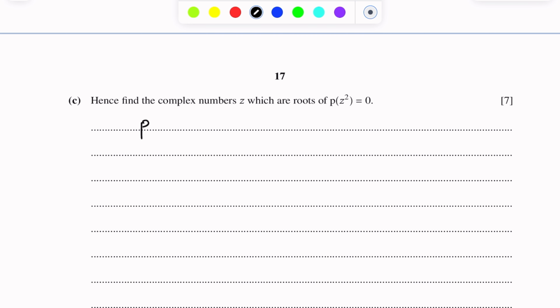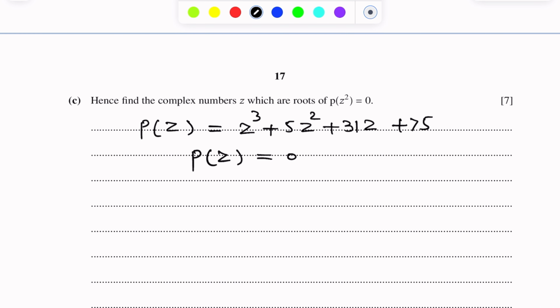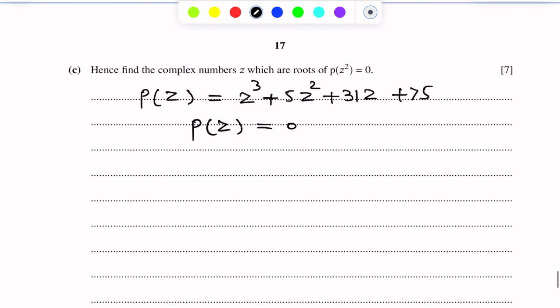Polynomial P(z) is equal to z cube plus 5z square plus 31z plus 75. When P(z) is equal to 0, there are three roots. Clearly, z plus 3 is equal to 0 from here.